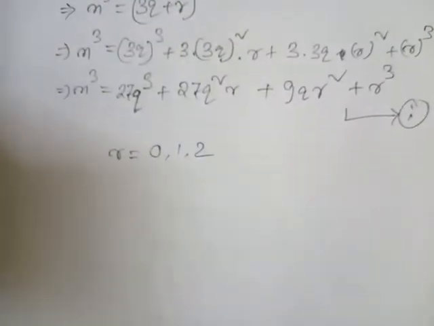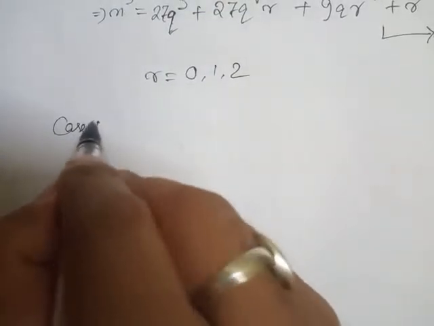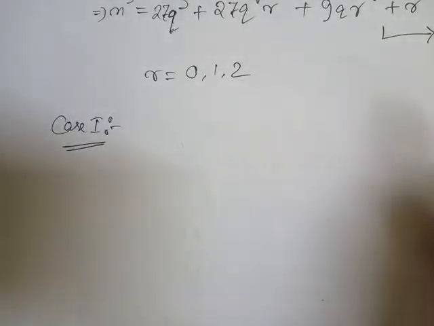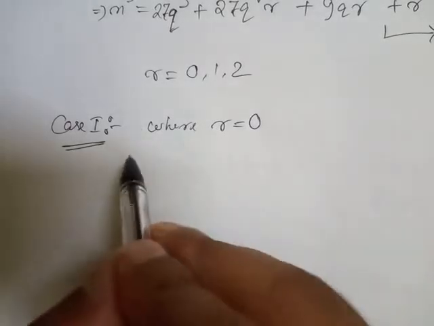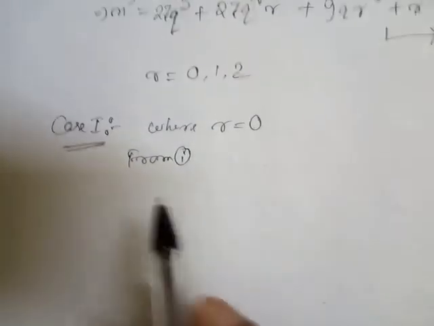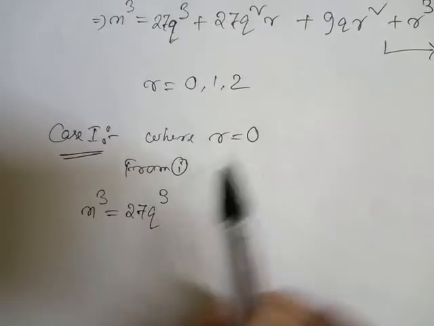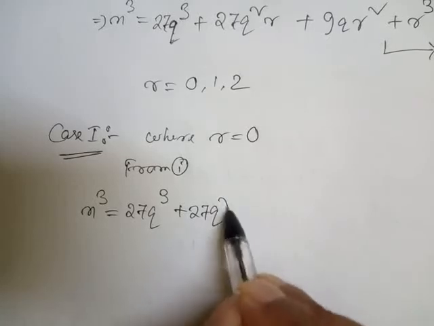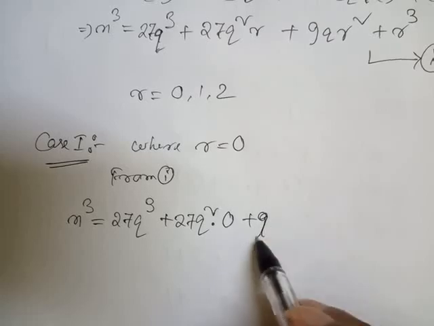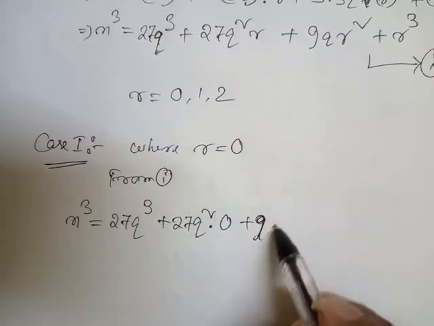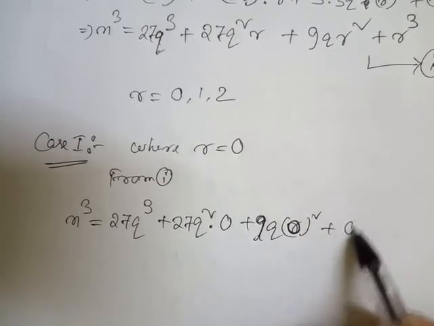Now we'll put the value one by one here. Now look, case 1, where r equal to 0. Now from 1, n cube equal to 27q cube plus 27q square into 0, means in place of r is 0, so 9q r square means 0 square, and the last one is 0 cube.